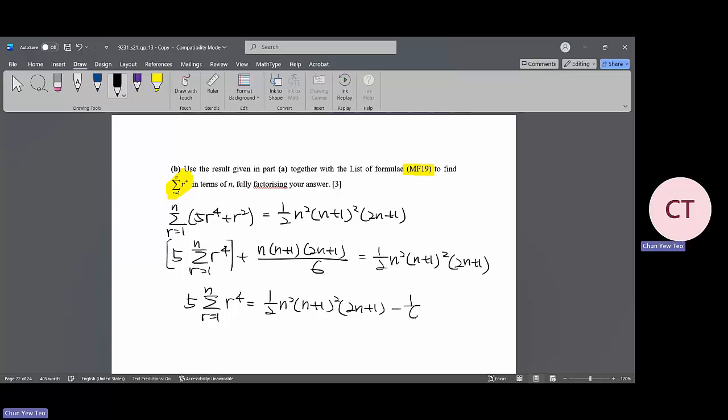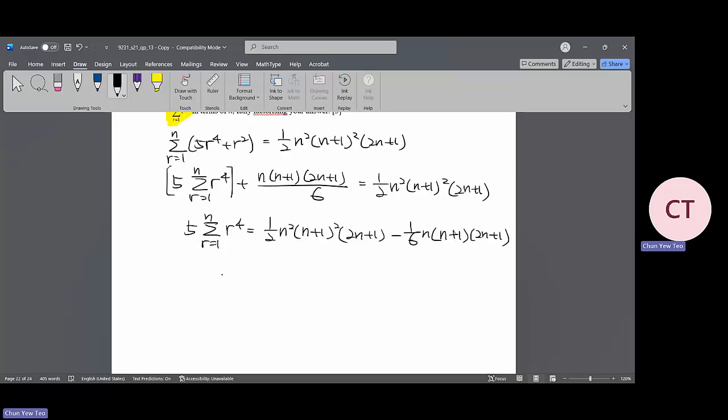Then you can see that your right-hand side actually has some common factor that can be factorized out. So we factorize 1/6, (n+1), and (2n+1) out. Then I get n(n+1) minus the 6. Then you expand and simplify.